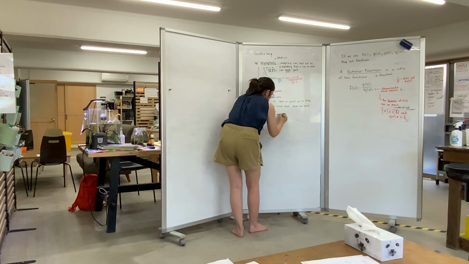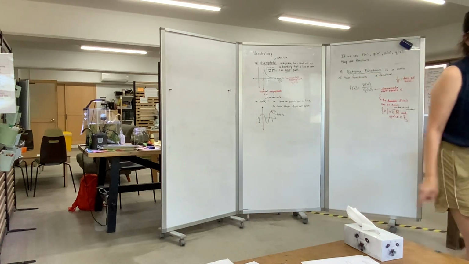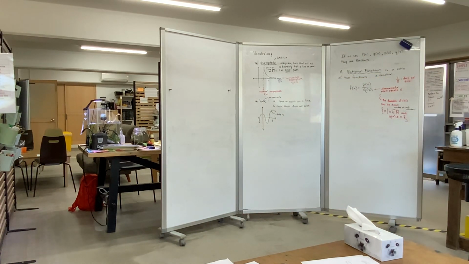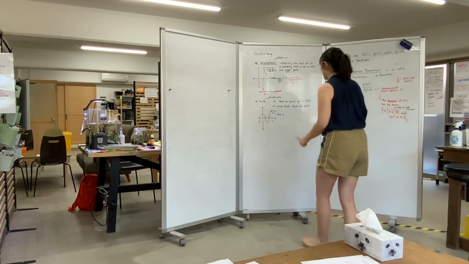Would be a hole. Oh, let me do that in red. So the hole would be located at one point of the open circle. It means that at that exact point, that function is broken.